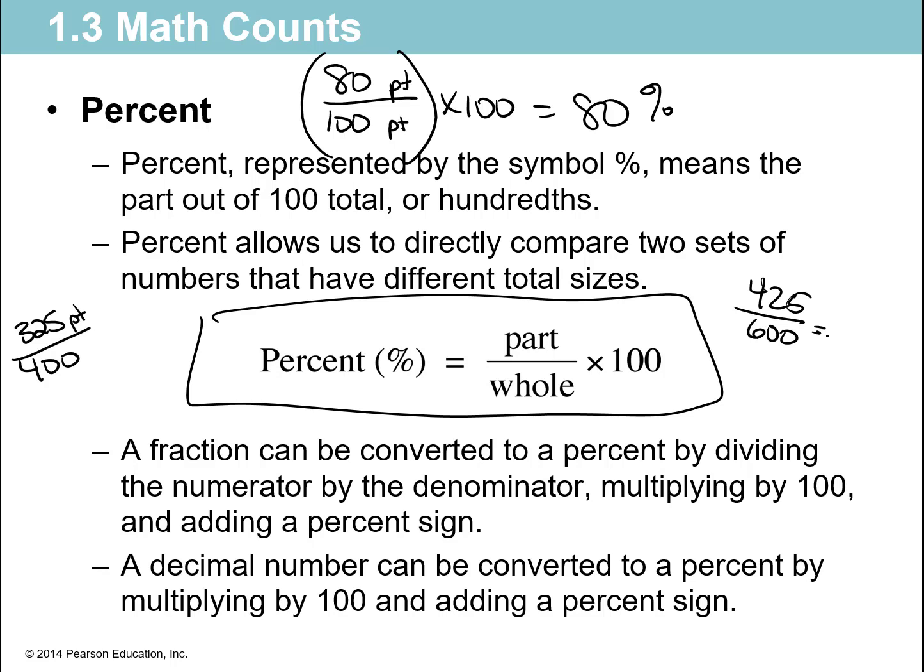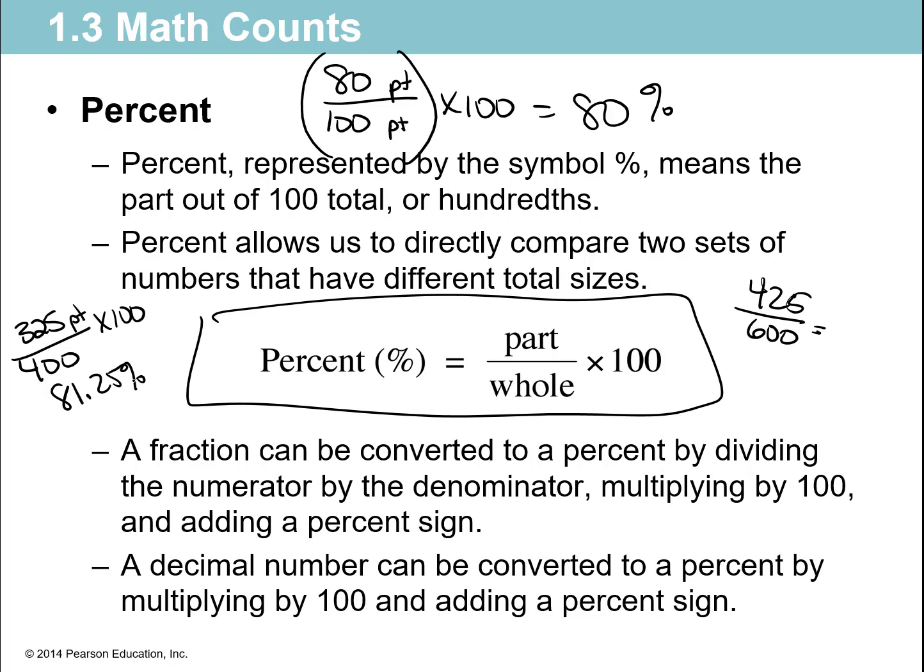So that's when students are like, well, I want to know what my percent is. You take what you got, the part, the not full credit but what you scored, divided by what you could have scored, or the whole, and multiply the answer times 100. So in this first one, it'd be 325 divided by 400 times 100, and I got 81.25%.